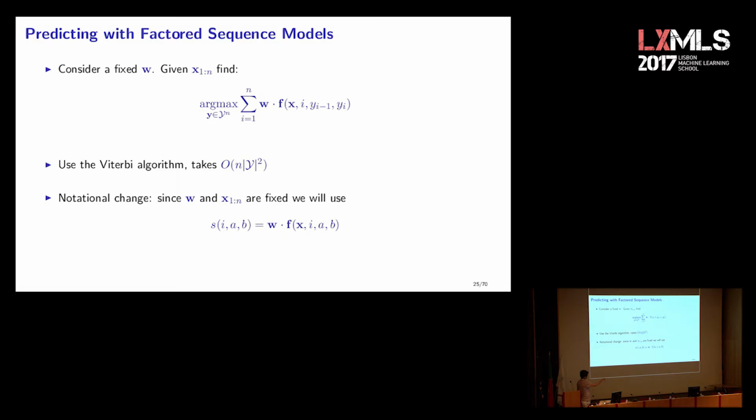We can do this with the Viterbi algorithm, which can find the exact solution, namely the sequence that really is the optimum, the maximum one, in linear time with respect to the length of the sequence, and in quadratic time with respect to the number of labels. The exponent 2 here has to do with the fact that there are two things here.